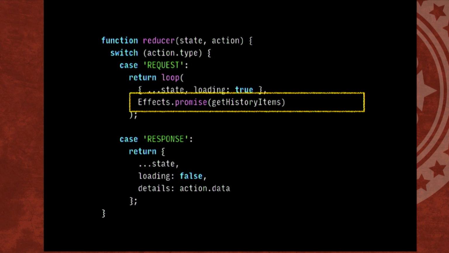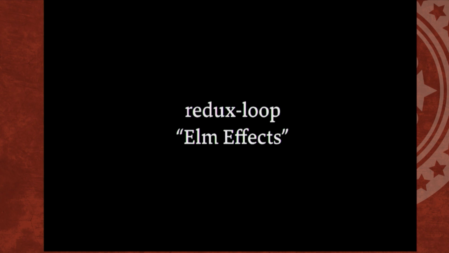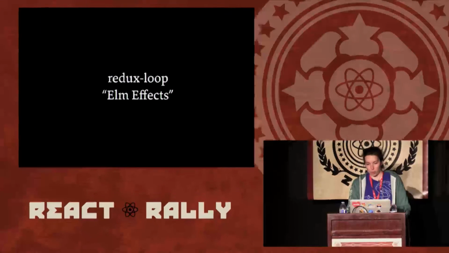The answer is no, because what's being returned is just a declarative expression of what we need to do. Like with sagas and our message passing middleware approach, the actual work is handled in a separate thread of execution outside of the reducer. So definitely check that out, very cool.